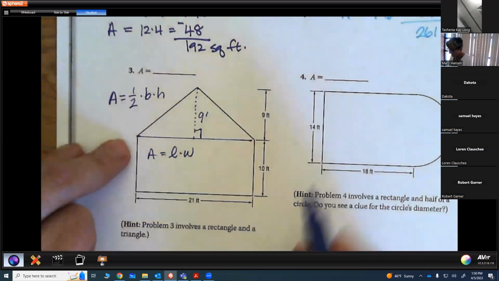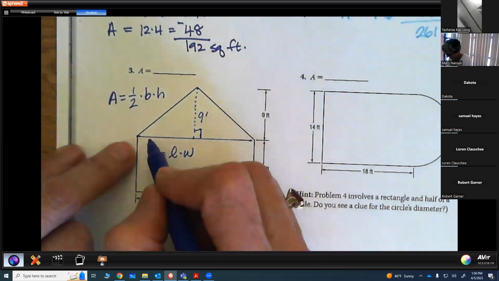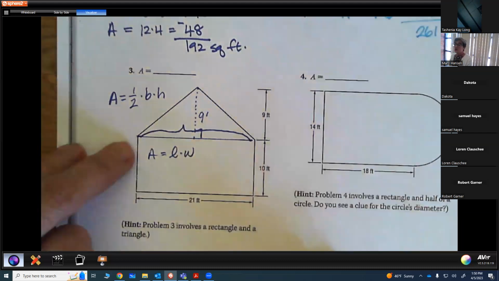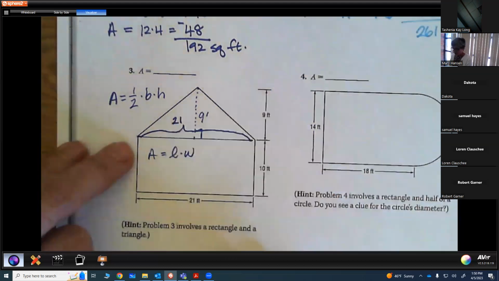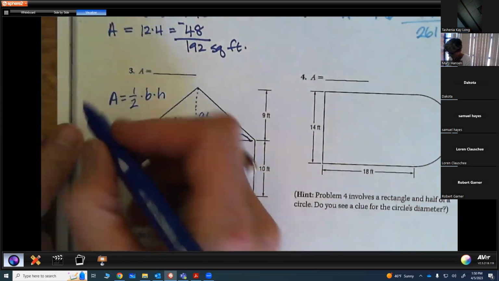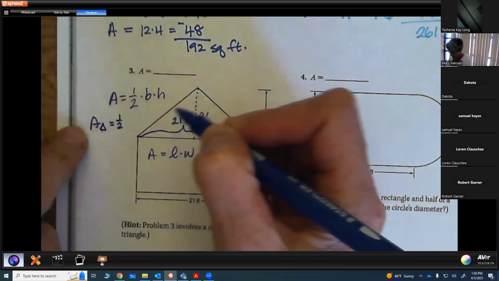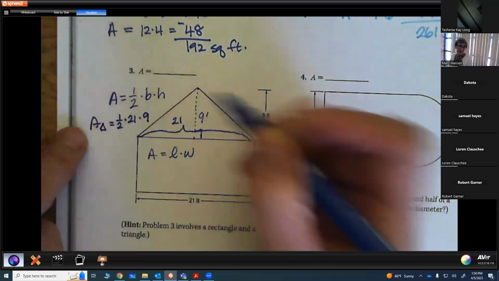Okay. And the base of this triangle is going to be this entire length from here over to here, 21. 21. Okay. So for the area of our triangle, we're going to have 1/2 times 21 times 9.